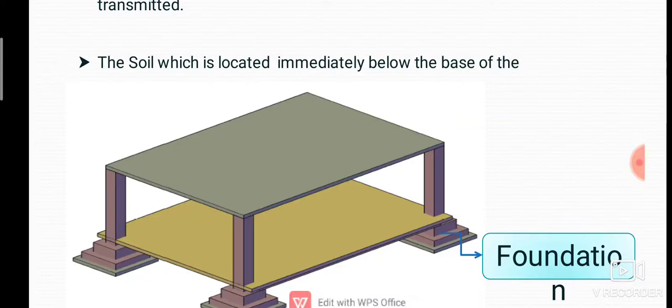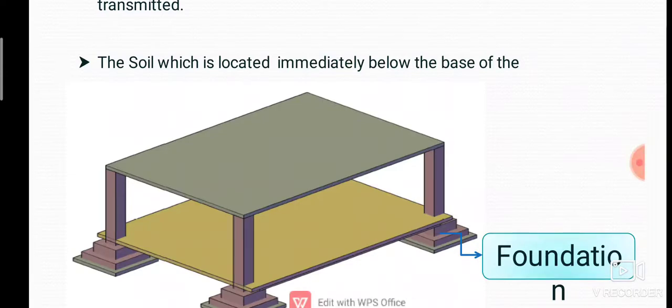Therefore, walls cannot be built everywhere, but only on top of beams. The weight of the slab is carried by the beams. The weight of the beams is carried by columns, and the weight of the columns is carried by footing. After that, all this weight is transmitted to the foundation or subsoil.